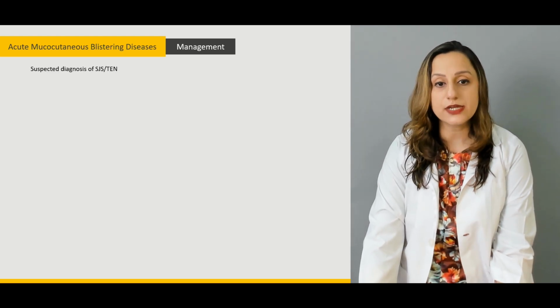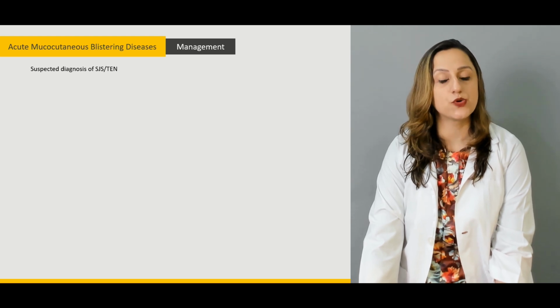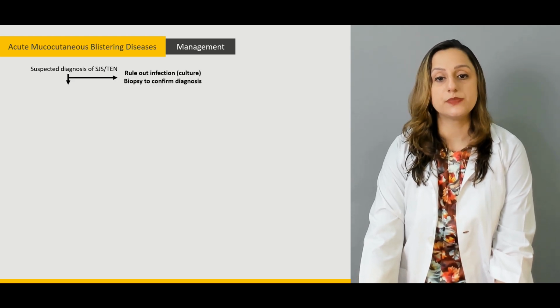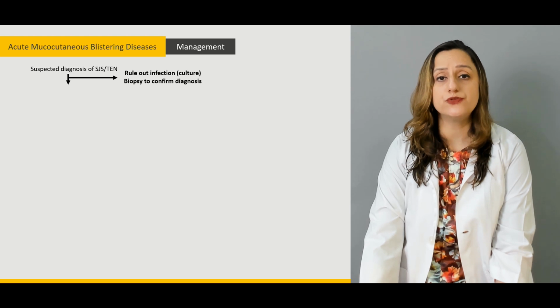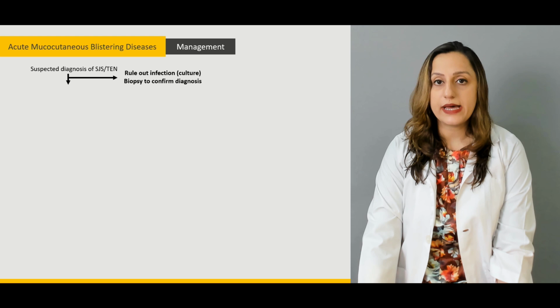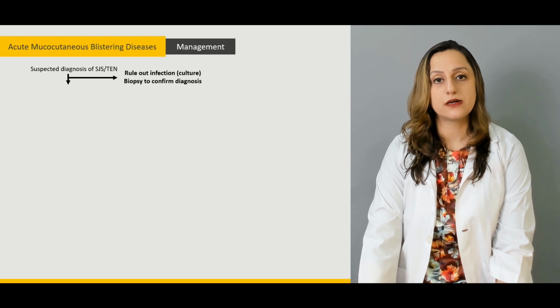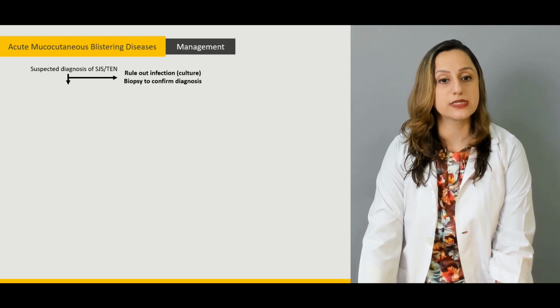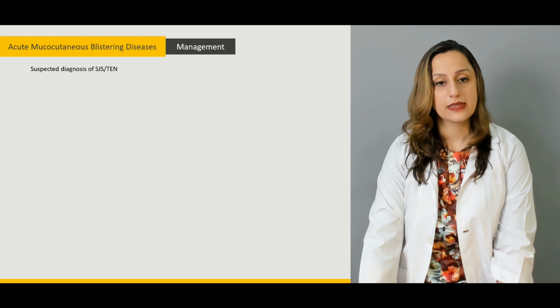With a suspected diagnosis of Stevens-Johnson syndrome or toxic epidermal necrolysis, first of all, you have to rule out infection. For that, you perform culture and sensitivity in these individuals, and the biopsy would finally confirm the diagnosis.